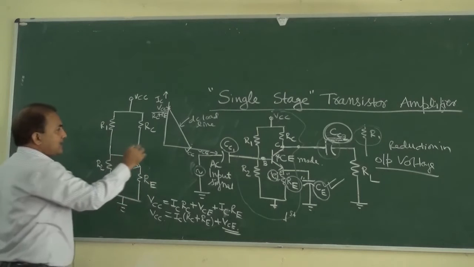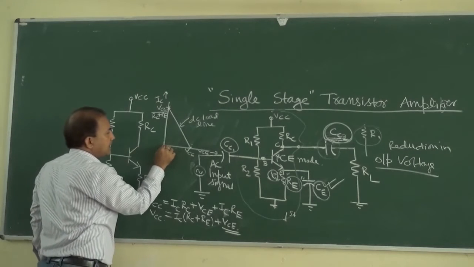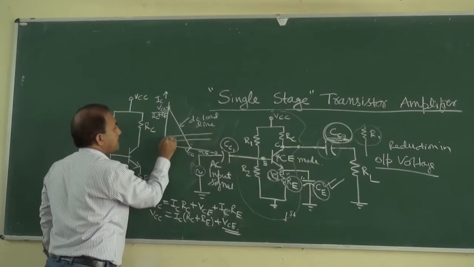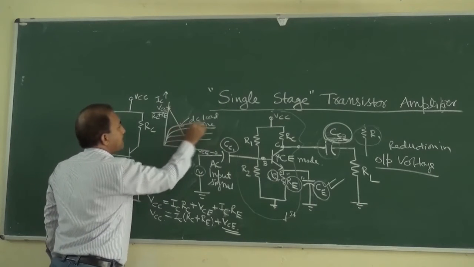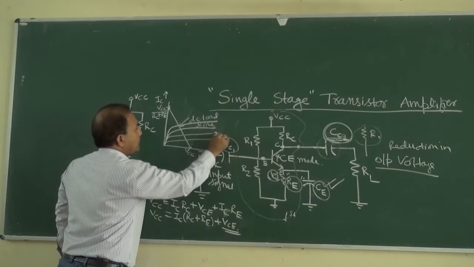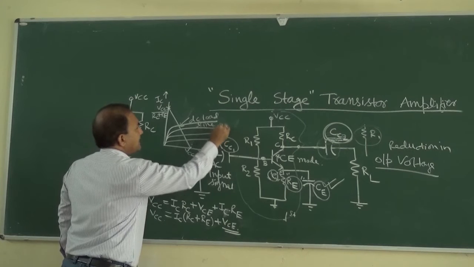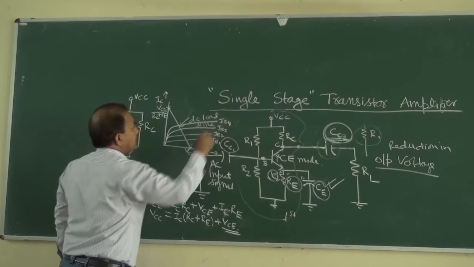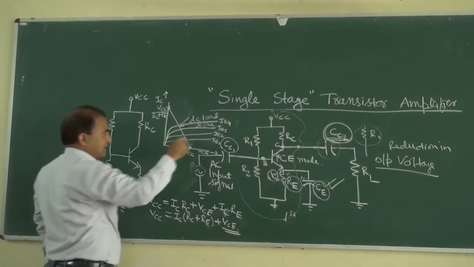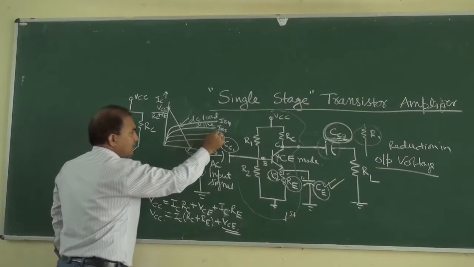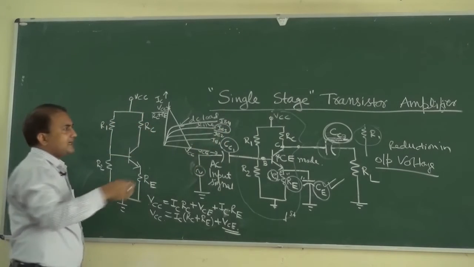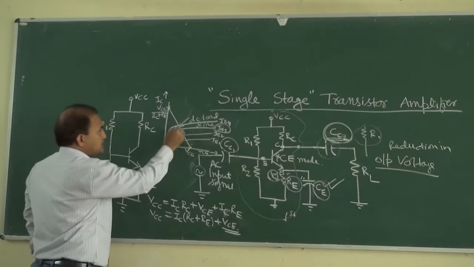And the output characteristics are like this. Say this is IB1, IB2 and IB3, and this is IB4. Suppose we choose the value of the base current IB equal to IB3.